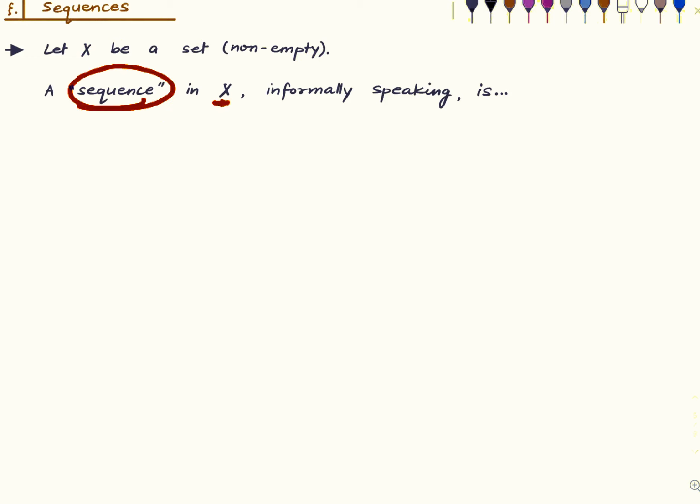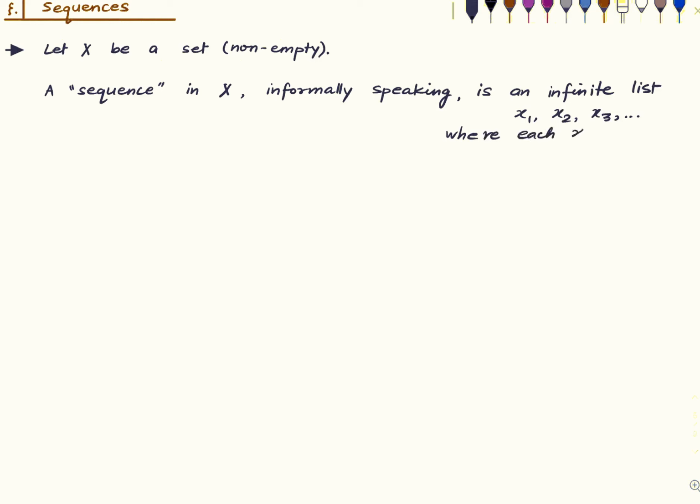A sequence in X is, informally speaking, a list x1, x2, x3, ... where each xi is in X. So a sequence is an infinite list where each element in the list is in the set X. That's what a sequence is.